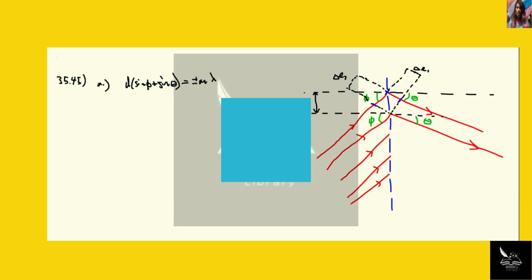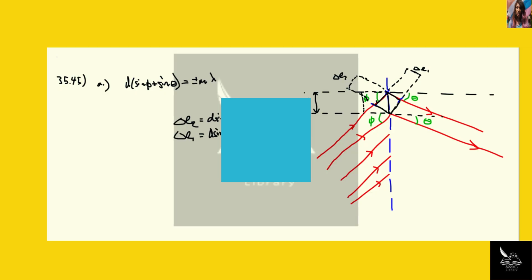It's this triangle right here, which has an angle phi here. What this tells us is that delta L2 is given by d sine phi, and we can do the same thing over here with this triangle. So we have one triangle there, one triangle here, and from that, we can see that delta L1 is given by d sine theta.